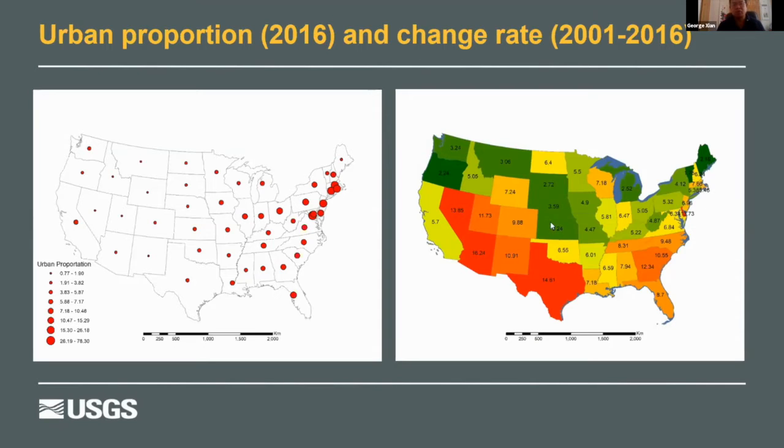Through this way, we can tell our natural resources management team where most urban growth occurred in the United States. And surprisingly, the highest change rate occurred in Arizona. Arizona got a 16.2% increase during this period.